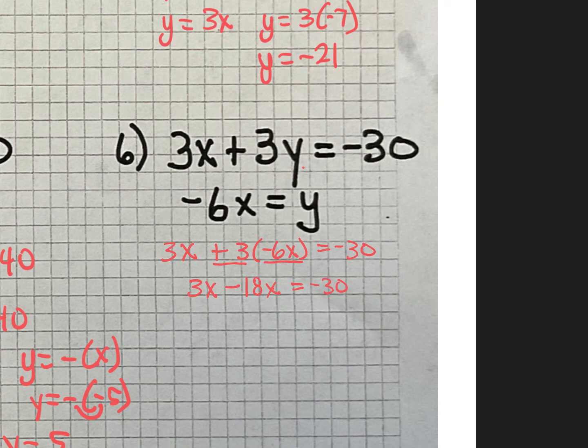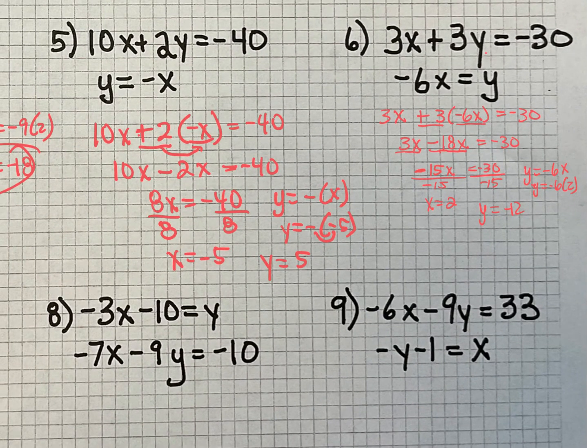We have 3 people fighting for the positive x team. We have 18 people fighting for the negative x team. That means the negatives are going to win by 15x people equals negative 30. I'm going to divide by negative 15. X equals 2. And then if y equals negative 6 times x, then y equals negative 6 times 2. Y equals negative 12.